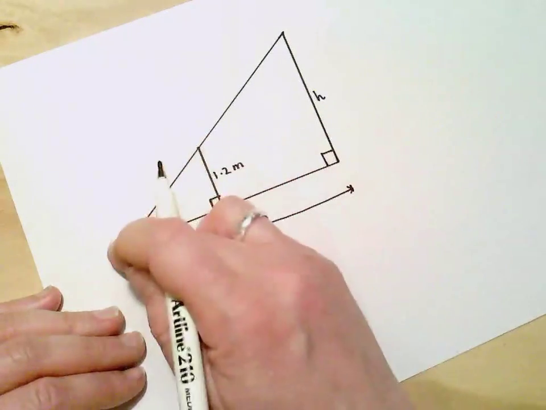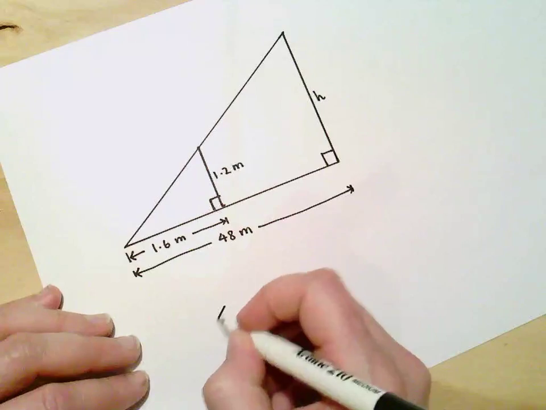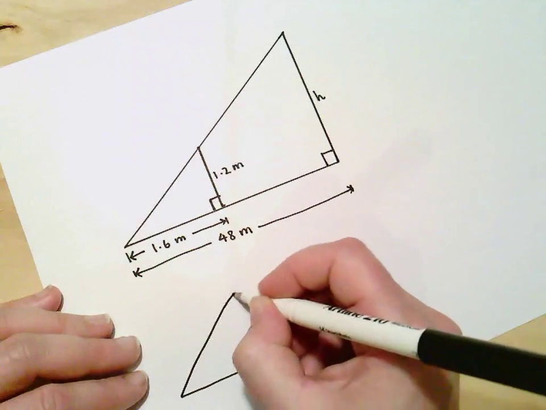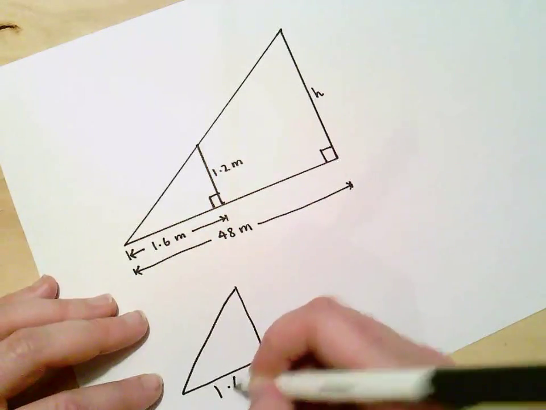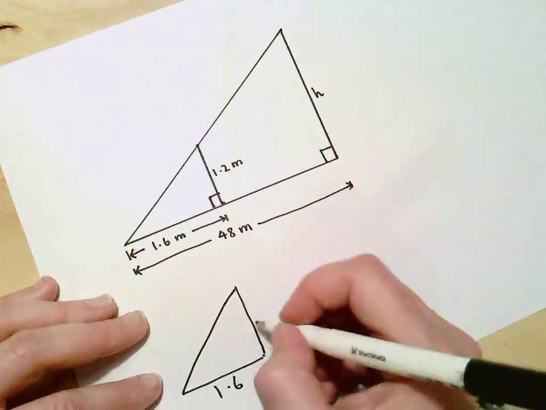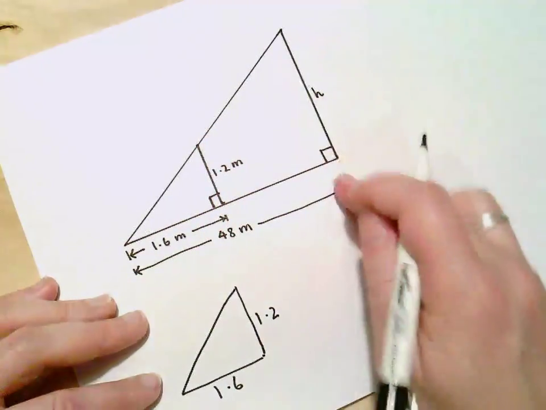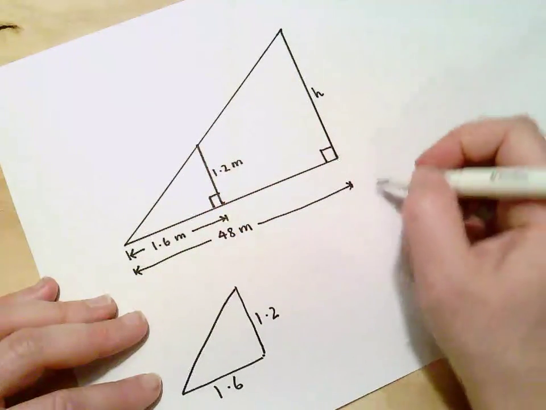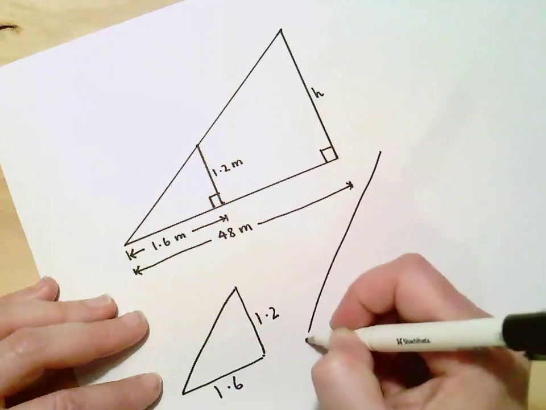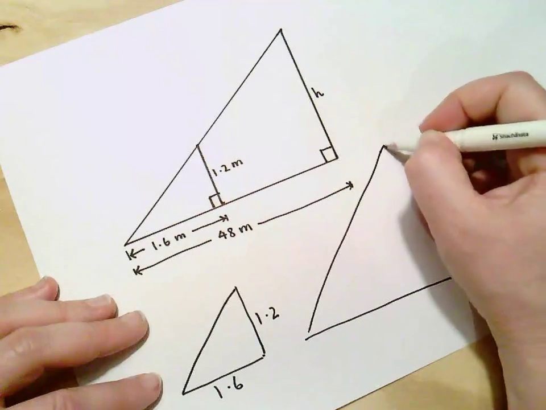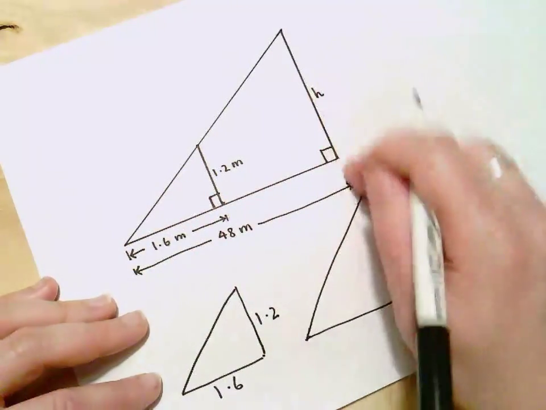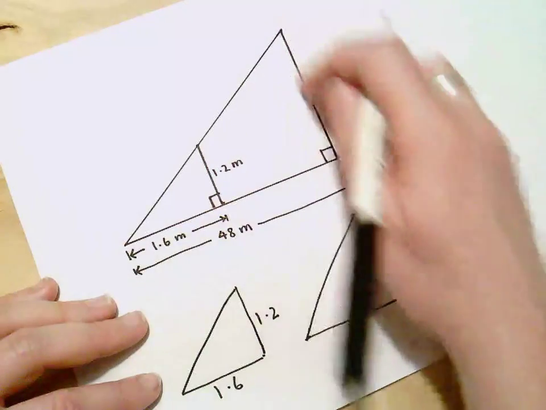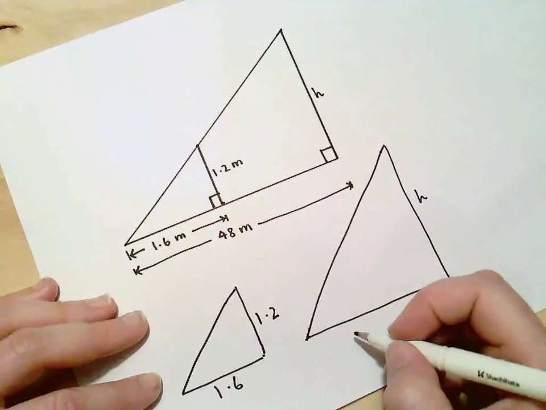I've actually got a small one there, which has got these dimensions, 1.6 metres by 1.2. And then I've got my much bigger triangle, which is actually the whole triangle. So I've got this one that's got a height of h, and a length of 48.